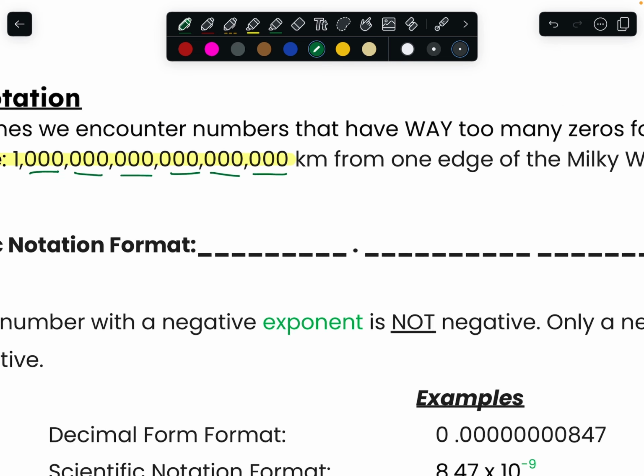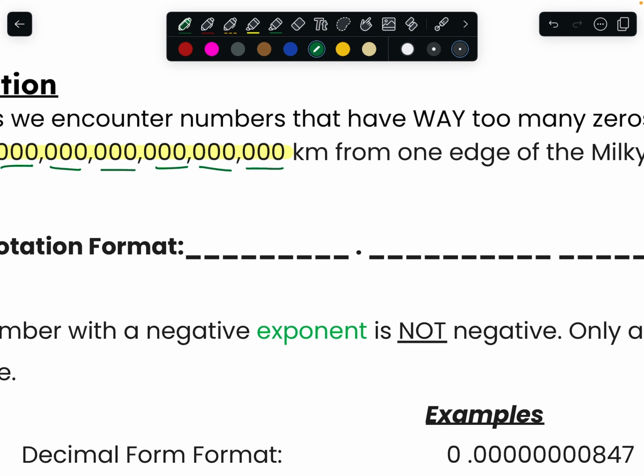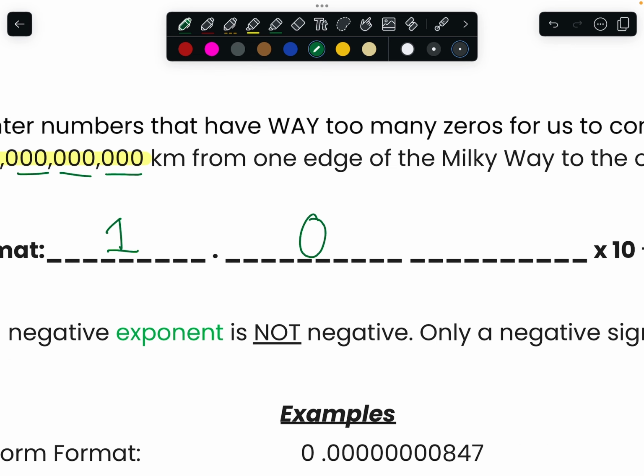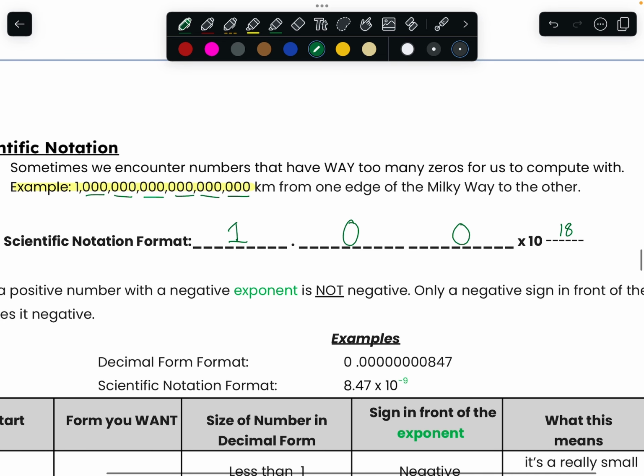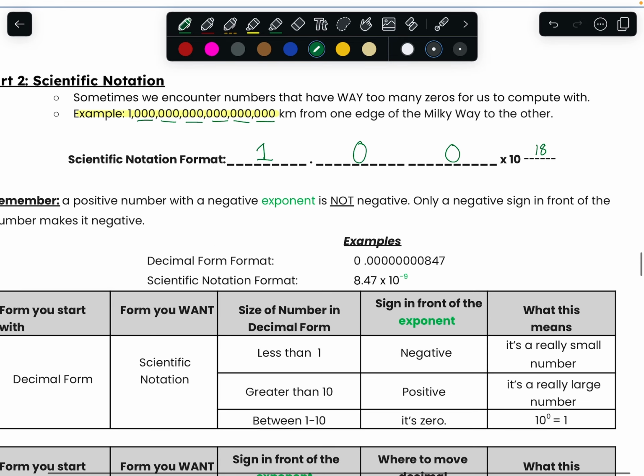So what a scientist might do is say, okay, well, this number is something like 1.00 times 10 to the 18th power. Meaning, if I took the number 1 and multiplied it by 10 18 times, I would end up with this really large number. Okay, so it's a good shorthand to write numbers this way so that we don't have to write all these zeros.